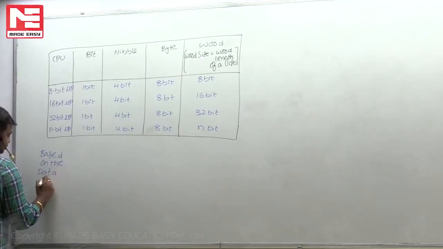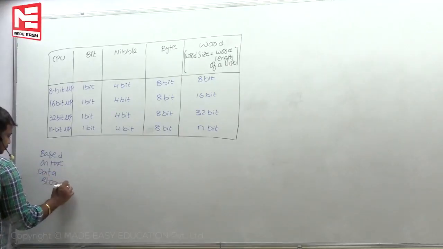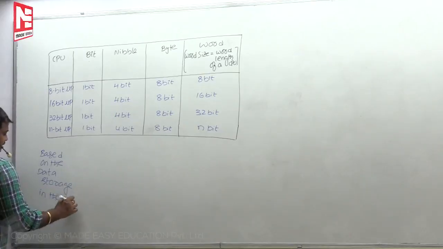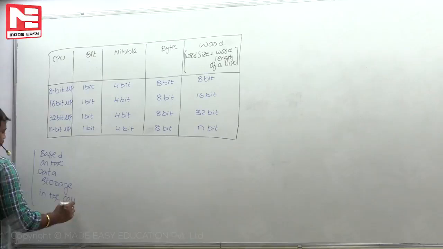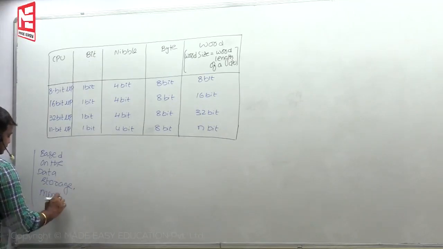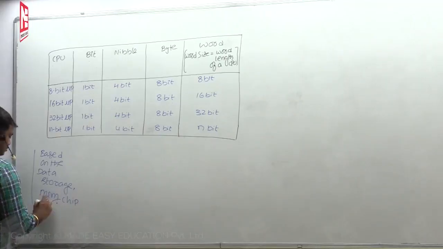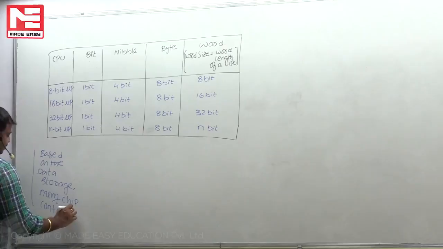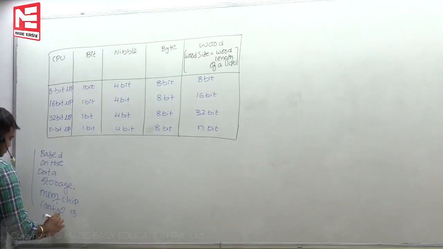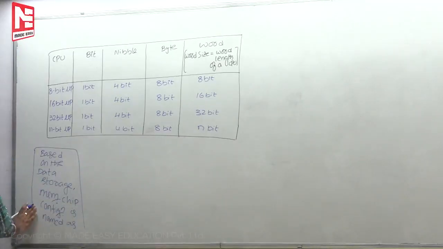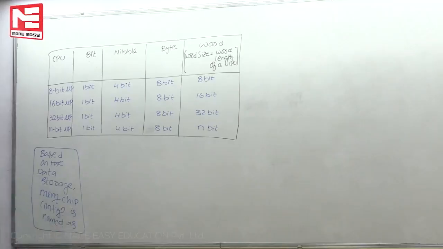Now, based on the data storage in the cell, memory chip configuration is named as.